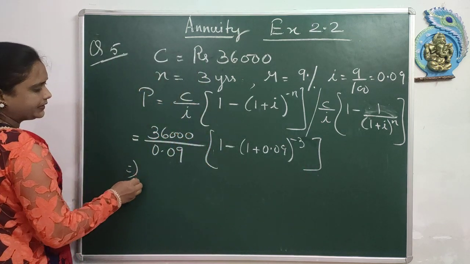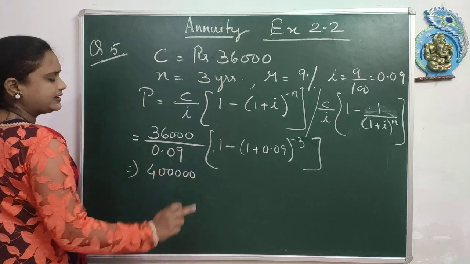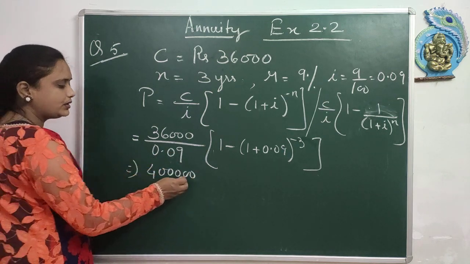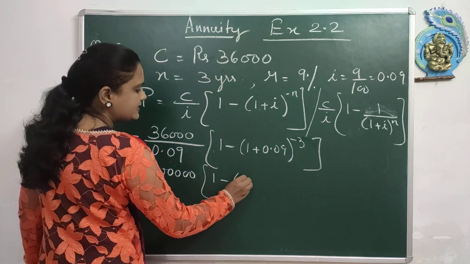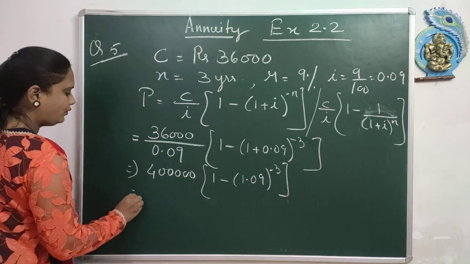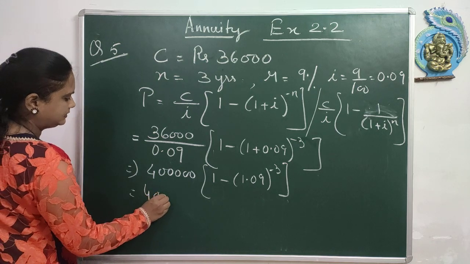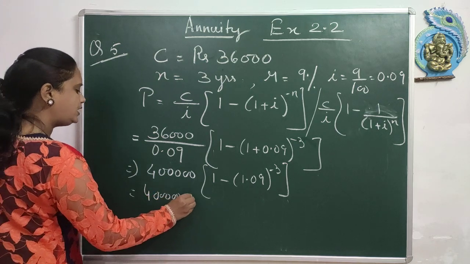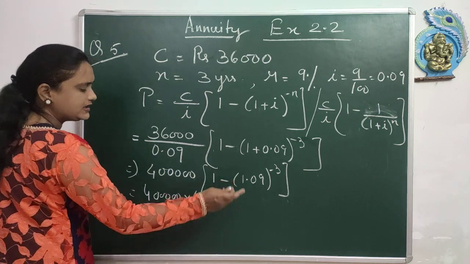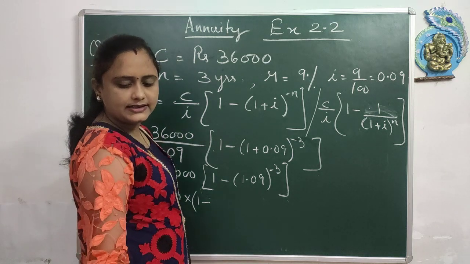Now this will be 36,000 divided by 0.09, that is 4 lakh, into 1 minus, what is the value of 1.09 to the power minus 3?